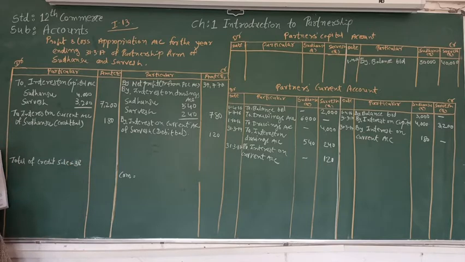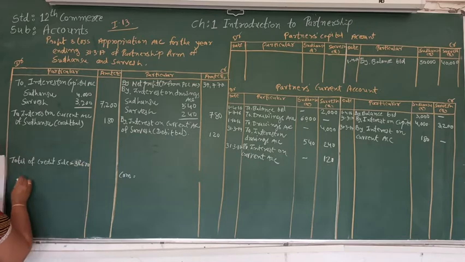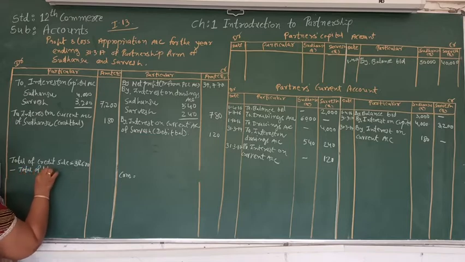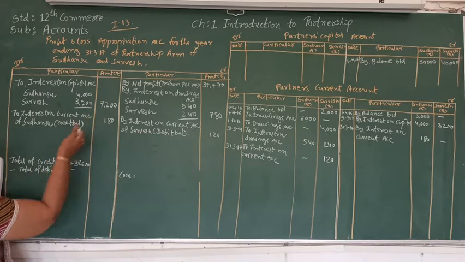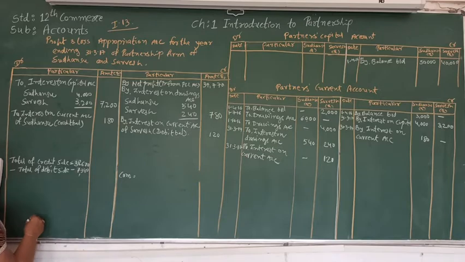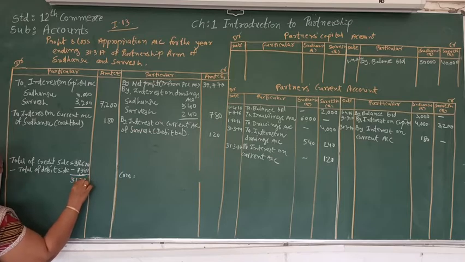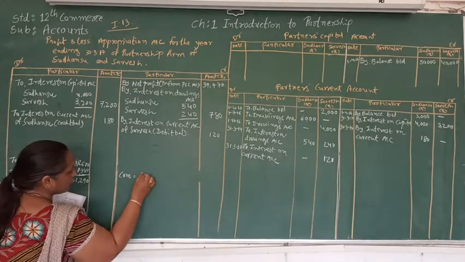That will be 38,760 minus total of debit side, and total of debit side will be 7,280 and 7,180. That will be 7,380, and total will be 31,290. So now this is the profit before commission.